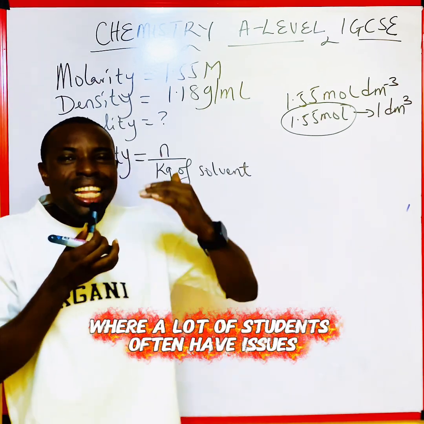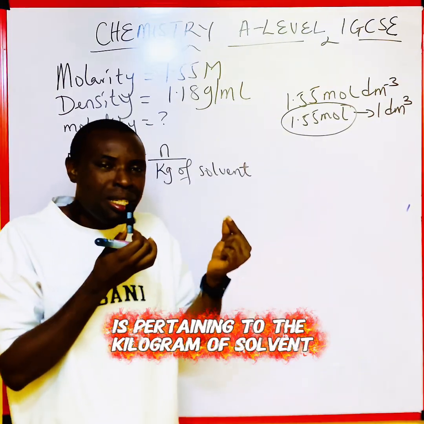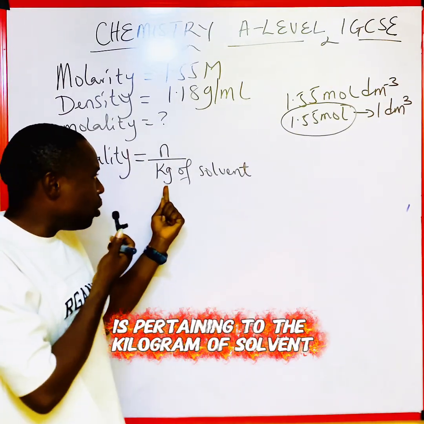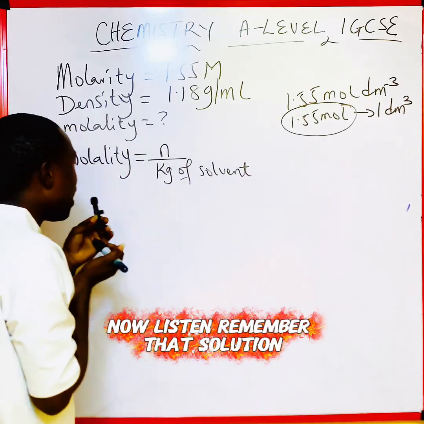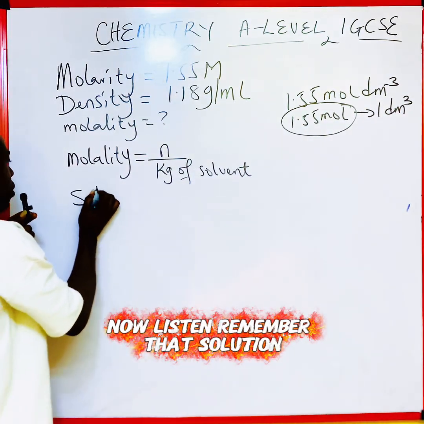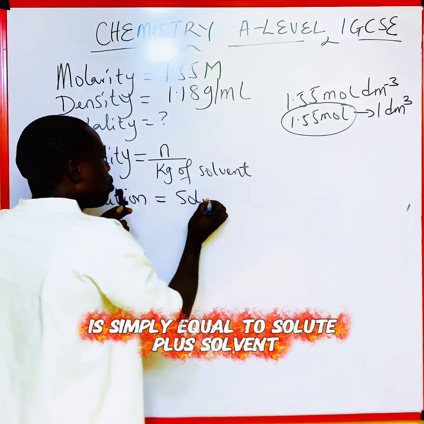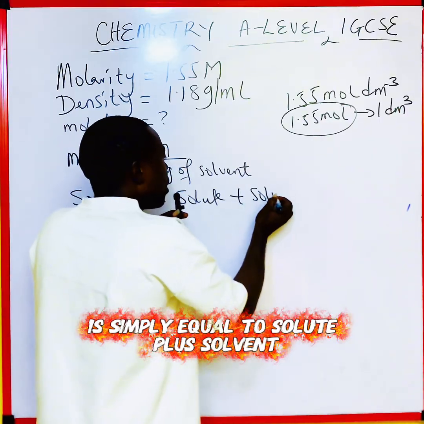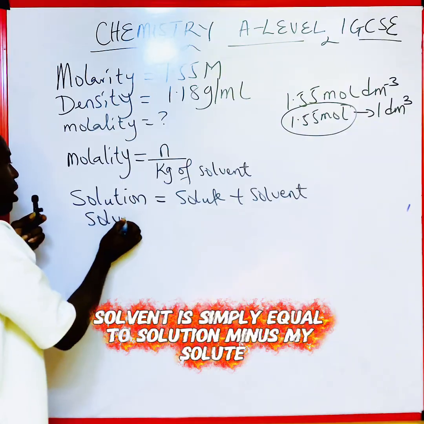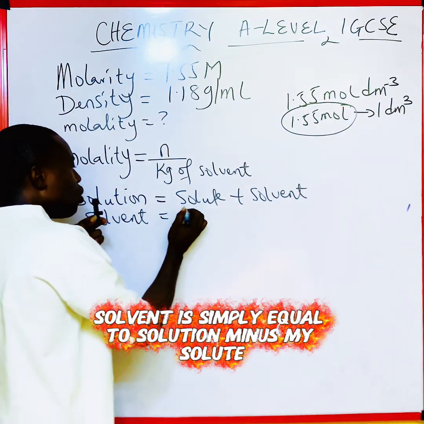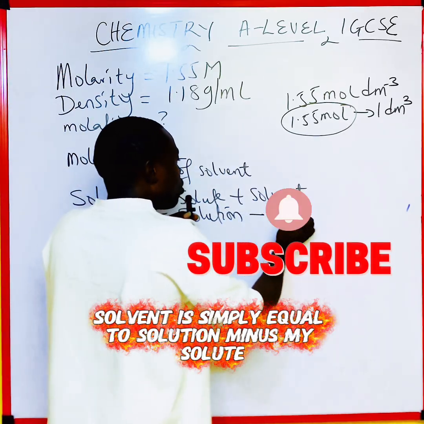Now, where a lot of students often have issues is pertaining to the kilogram of solvent. Now listen, remember that solution is simply equal to solute plus solvent. So if I'm looking for my solvent here, solvent is simply equal to solution minus my solute.